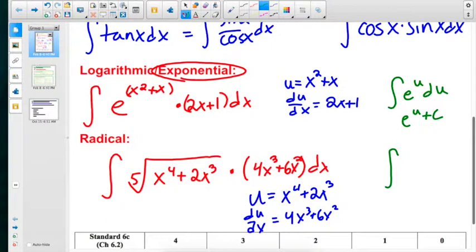That's the root of u times du. Yep, u to the 1/5 power du. Well, I haven't integrated it yet. Okay, so those are really common examples. You know, just something where you see a radical and then you see its derivative or half of its derivative or twice its derivative on the outside. Okay.